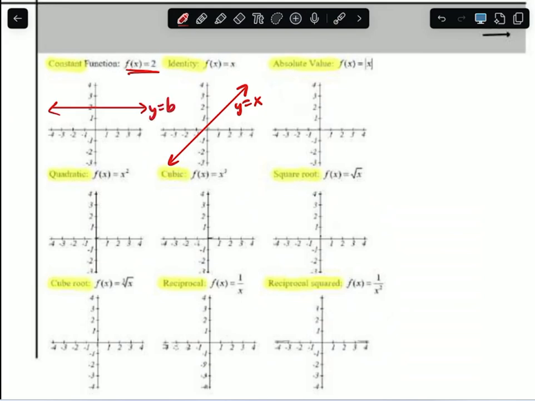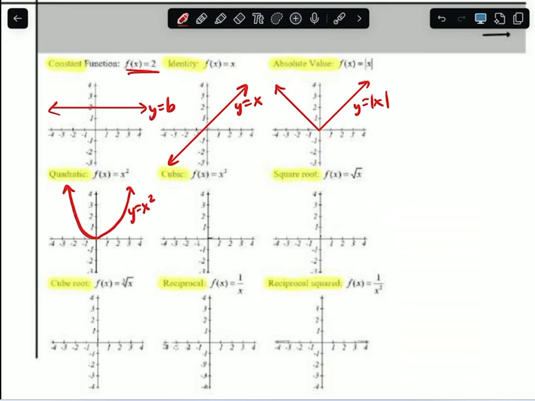Absolute value is a V-shape graph. Again, if you see a graph like this, you know it's an absolute value. Quadratic function is a parabola, and so a parabola is just a U-shaped graph.